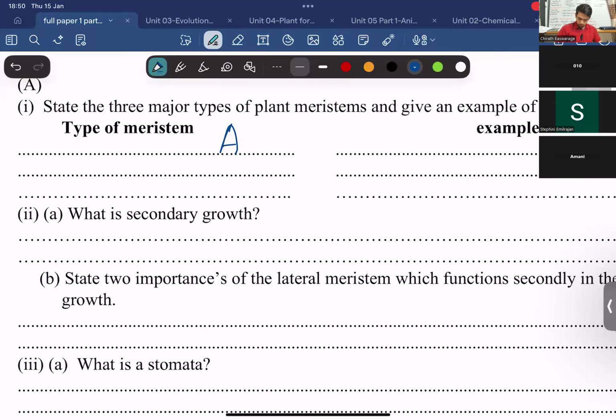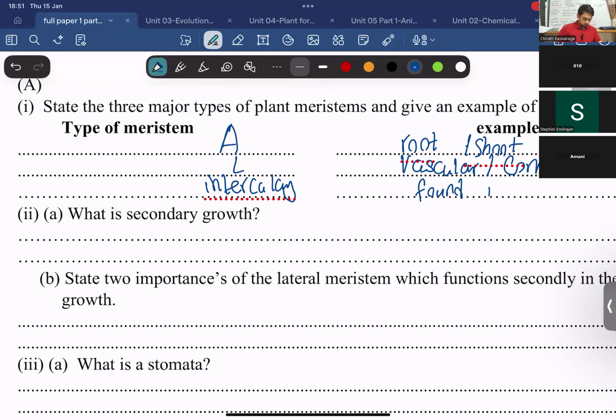You can say root and shoot tips. Lateral meristems. What are the examples? You have vascular cambium, cork cambium. Intercalary, example is found in grasses. There's only one type of intercalary, right? Found in grasses.